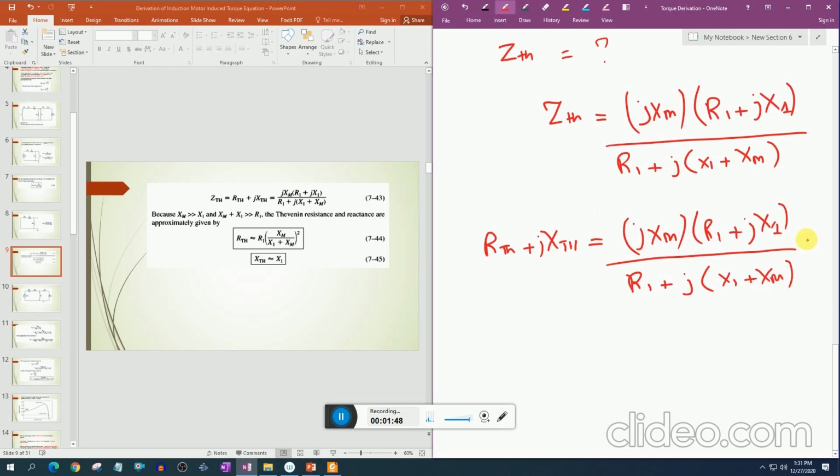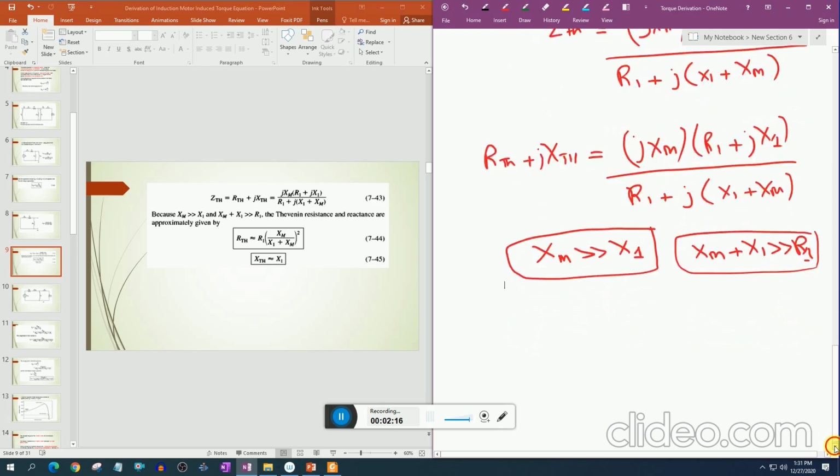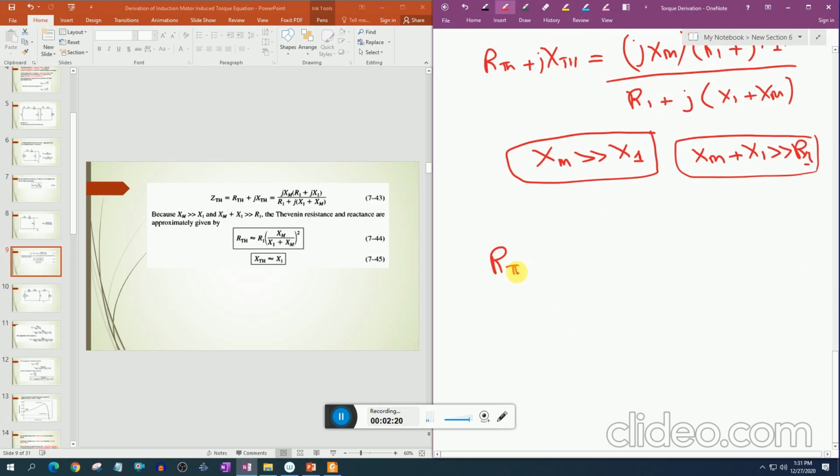When we solve this equation with the other two approximations, Xm is much greater than X1 and Xm plus X1 is much greater than R1, considering these two and solving the upper equation, R Thevenin will become R1 into (Xm divided by X1 plus Xm) whole square, and X Thevenin will become X1.